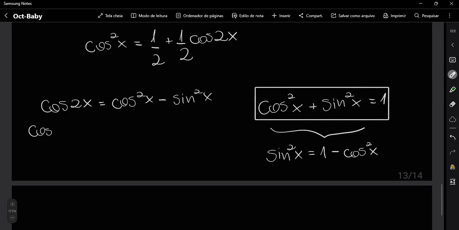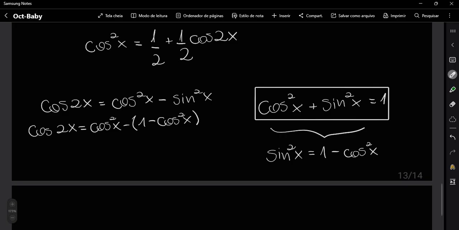So cosine of 2x is equal to cosine square of x minus 1 minus cosine square of x.